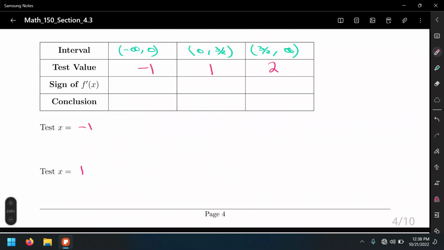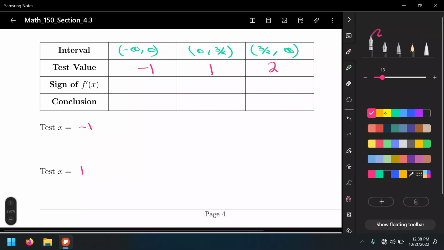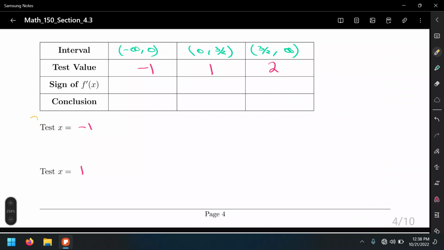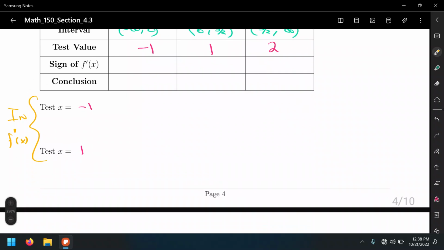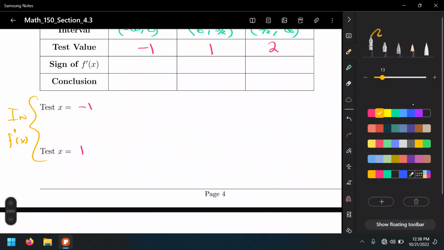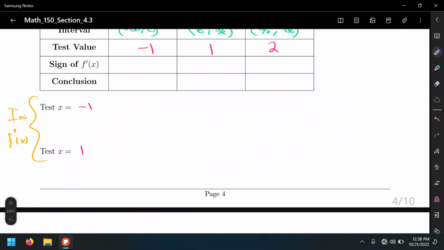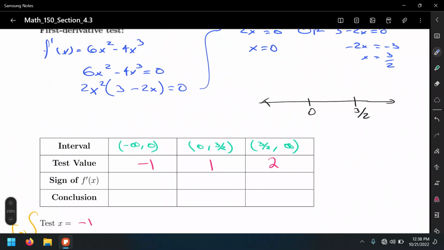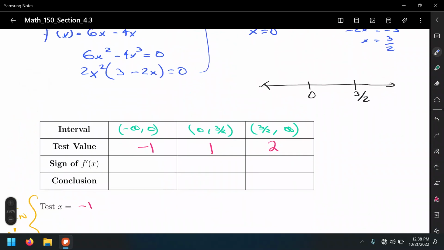All right, let's do one at a time, and we're going to test again in f prime of x, in the derivative, because we want to see the end behavior of the derivative to determine whether it's increasing or decreasing based on the sign of the derivative at those test values. So the derivative is 6x squared minus 4x cubed.